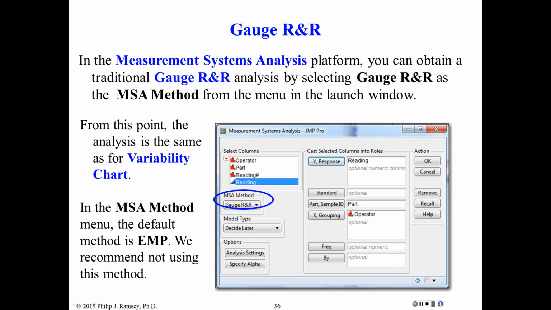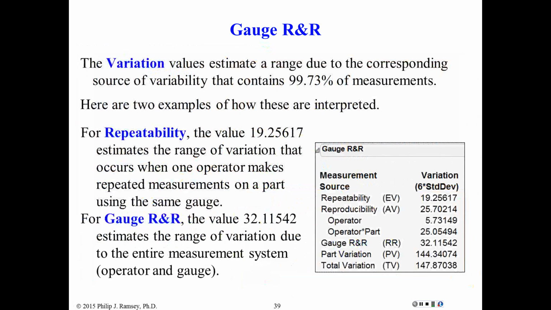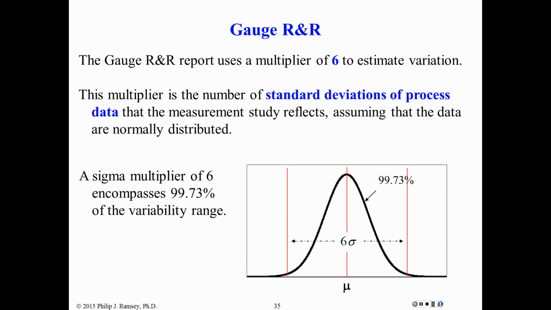And for a normal distribution, 99.73% of the total measurement error is in a window of 6 standard deviations. So that's how we typically define one normal distribution for purposes of measuring gauge capability.